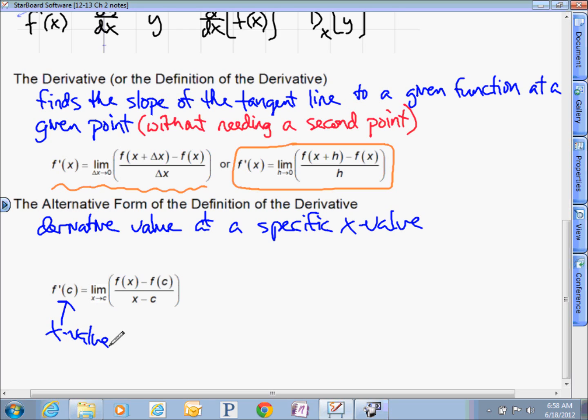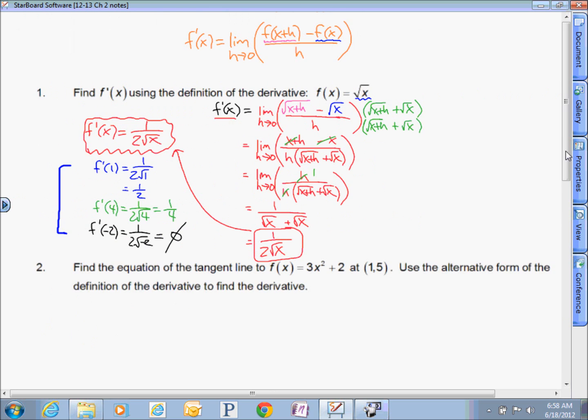Well, how do I go about figuring this out? Well, limit as x approaches whatever that x value is of the function itself minus the function with that x value plugged in, all over x minus that specific x value. So this is the alternative form of the definition of the derivative, this f prime of c thing. It's going to give us the derivative at a specific point.